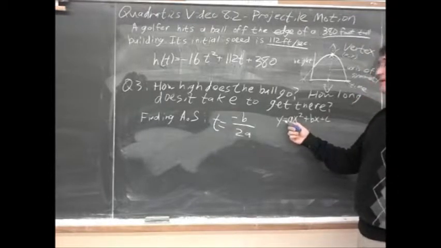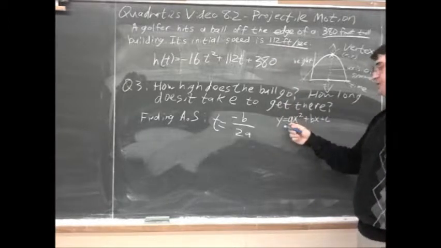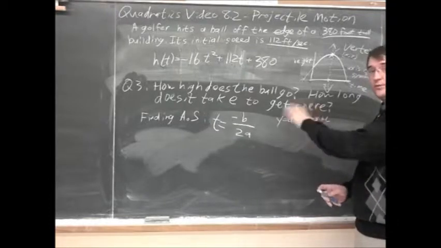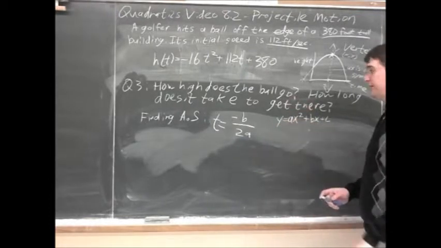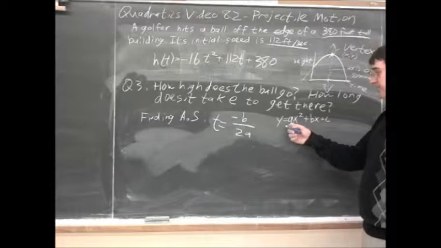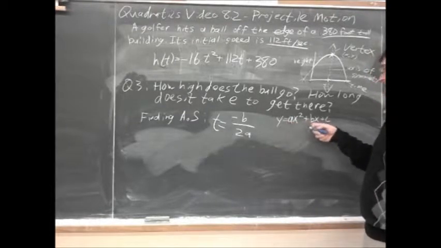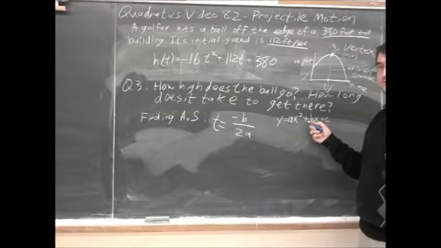In our case of projectile motion, we actually use 1/2 a instead of a itself. This is not the same a as what we're using in the projectile motion area, but it's the leading coefficient. So twice the leading coefficient, stick that underneath the middle coefficient. That's all it really comes down to.